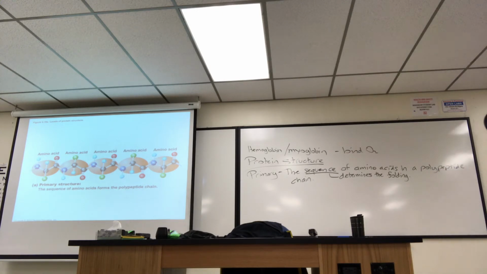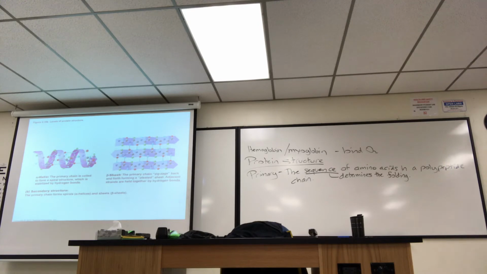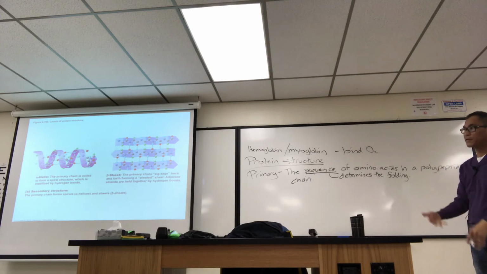Now, they fold in basic shapes. So we usually give alpha helices and beta pleated sheets as examples of how they fold. That would be the secondary structure.